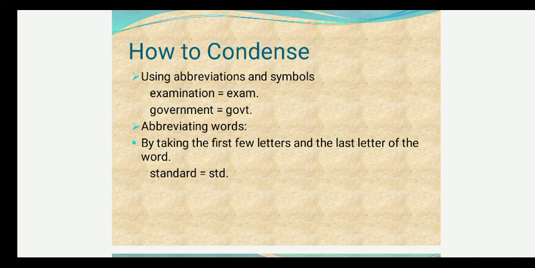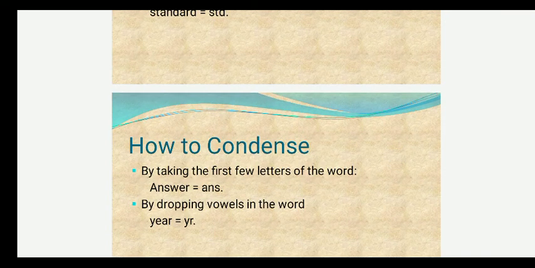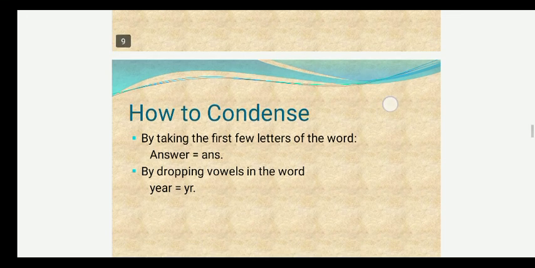Sometimes you take letters from the beginning, one from the middle and one from the ending, as standard, std; dot is a must then. Sometimes you take as answers, we write ans, or by dropping vowels in the word. Like the short forms you use in chatting, these can be used here to make abbreviations.